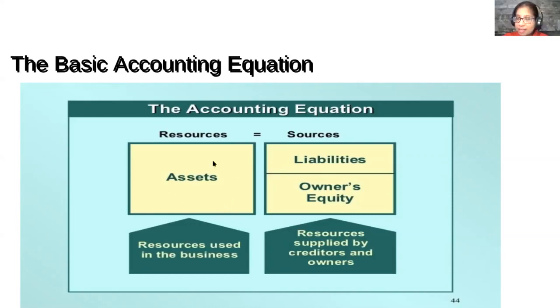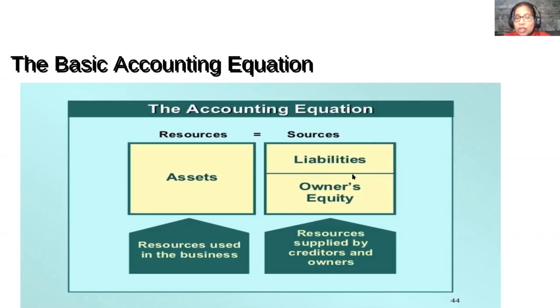Basically, the assets of any company is what the business owns. Okay, so they are the resources used in the business, it's what the business owns. And liabilities is what the business owes people. Okay, it's what the business owes people. Owner's equity is what the owners would have invested into the business.